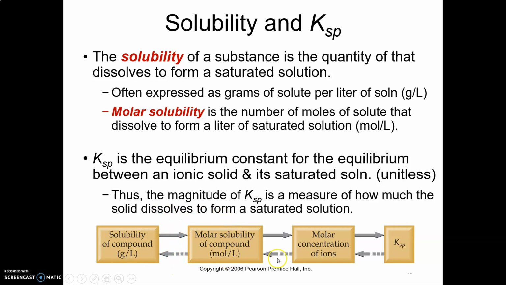We can go from molar solubility to molar concentration of ions by using stoichiometry, relating the compound to the ions by looking at the subscripts. We'll walk through doing that. And once you know the molar concentration of ions, you can get KSP from that. So you can work your way one way or the other, but there are definitely direct relationships between solubility and KSP.